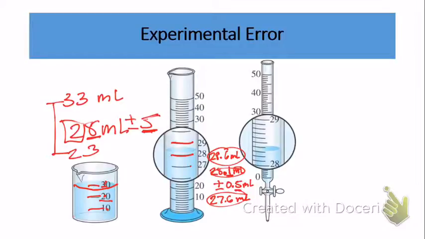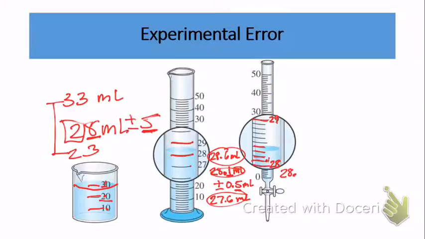All right, now let's go ahead and look at the burette. We'll go a little bit faster now. So we have 29 up here and 28 down here. It looks like it's dividing into even smaller increments. So we know again that our volume is at least 28 milliliters, but we can divide it down further, and these are 0.1.